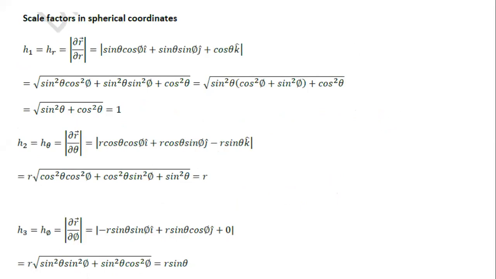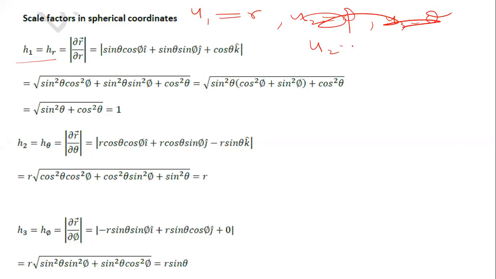The first scale factor, h1, is hr now, because u1 is r. Sorry, let's follow this notation: u2 is theta, u3 is phi.